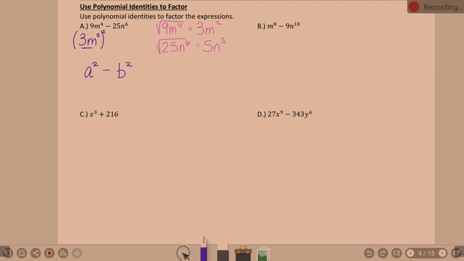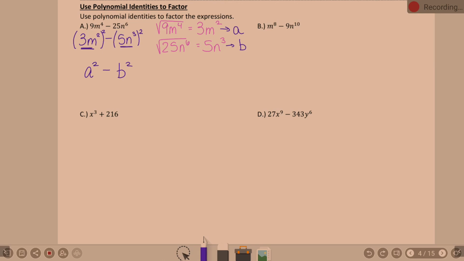So what is a? A is this square root right here. Basically, the square root of the first term is going to be your a value. The square root of the second term is going to be my b value. Because we can then say minus 5m cubed quantity squared.